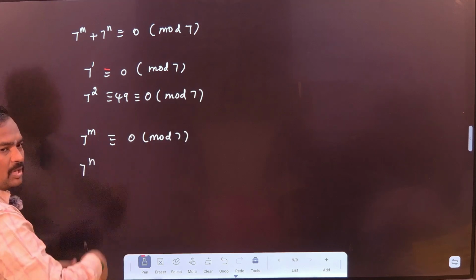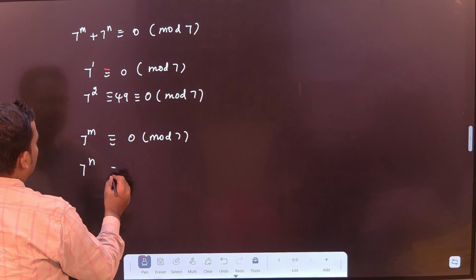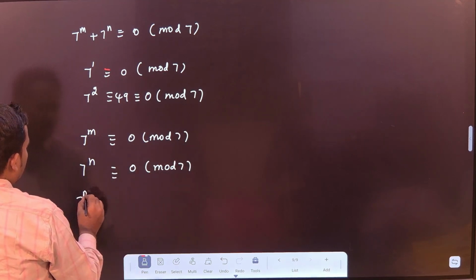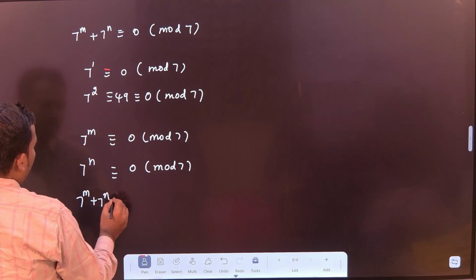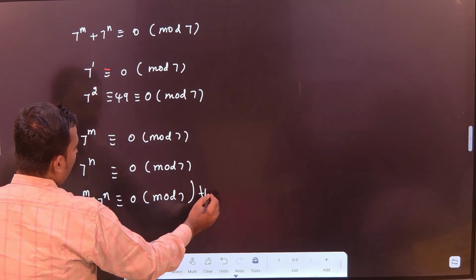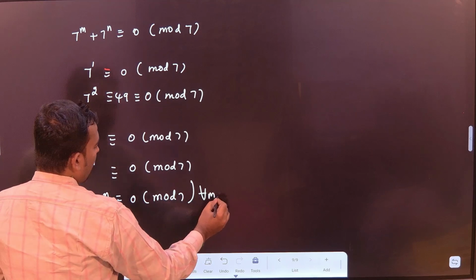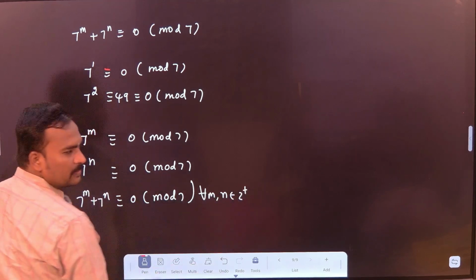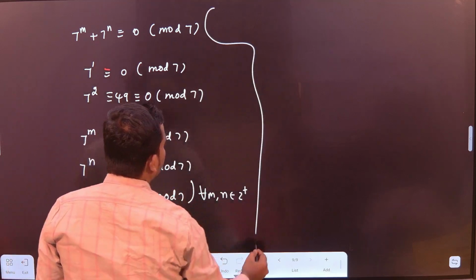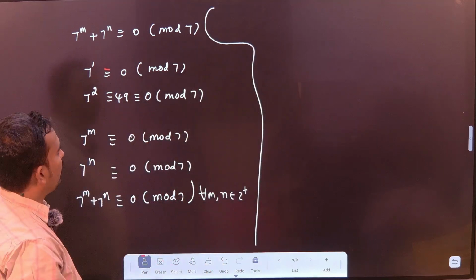Therefore, for any other positive integer power, that is also 0 modulo 7. Clear? Therefore, we can say 7 power m, 7 power n is congruent to 0 modulo 7 for all m, n belonging to positive integers. I hope everyone understands, right? Just normal divisions only, right?